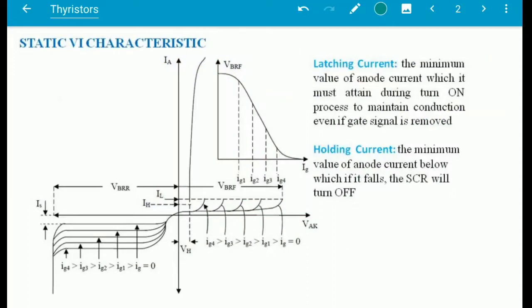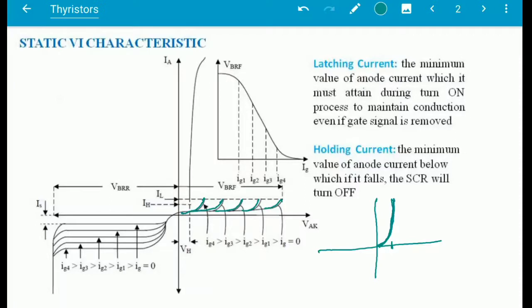Next we will see the static VI characteristic. In case of a diode, in forward biased condition this was the cut-in voltage, and after that it will conduct. In case of a thyristor, the same characteristic is seen, but these are the voltages depending upon the gate current.